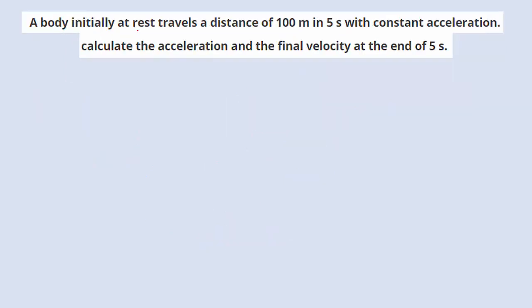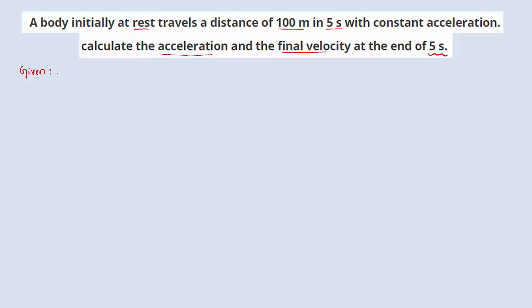A body initially at rest travels a distance of 100 meter in 5 seconds with constant acceleration. Calculate the acceleration and final velocity at the end of 5 seconds. So first write down the givens.